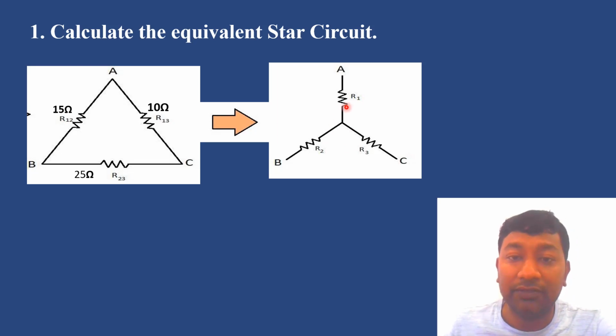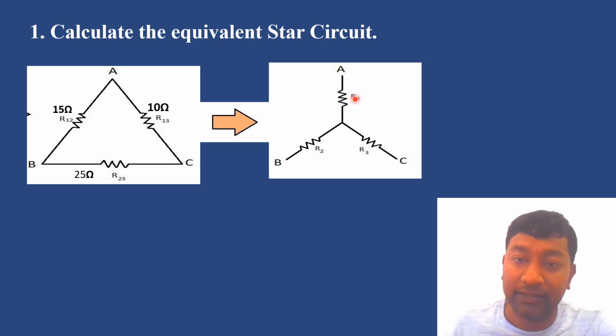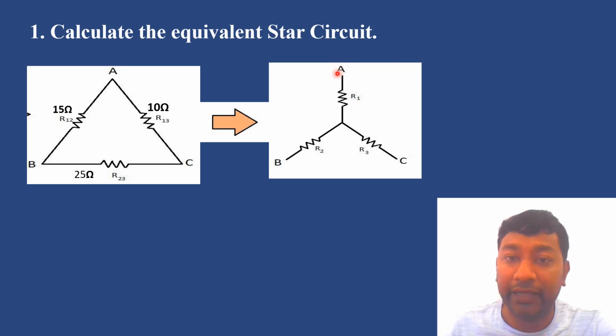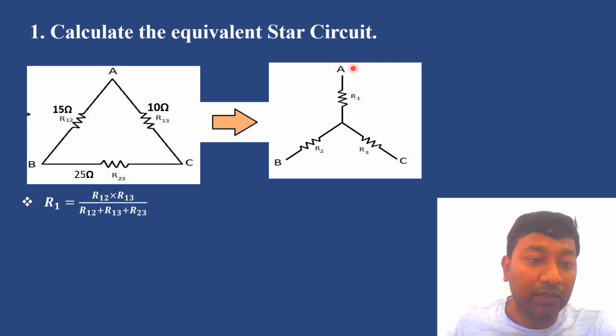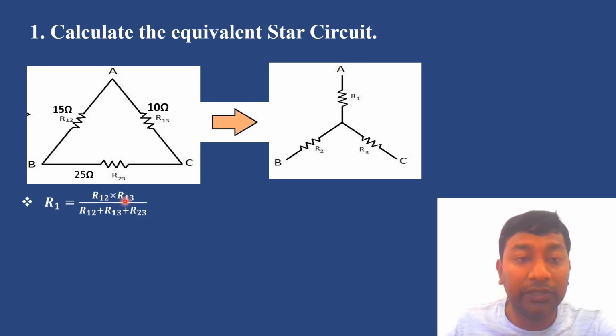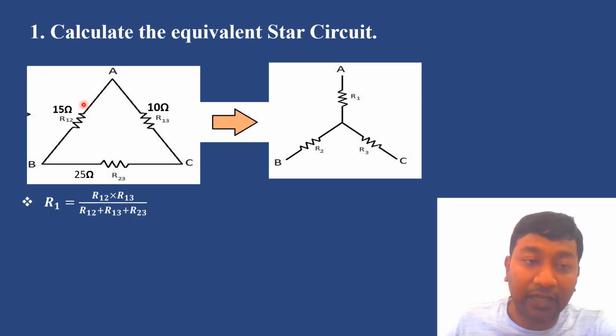So first we will see R1. R1 is the resistance which is connected to the point A. The formula for calculating R1 is R1 equals R12 into R13 divided by R12 plus R13 plus R23. It is easy to remember: see which resistances are connected at point A, 15 ohm and 10 ohm.